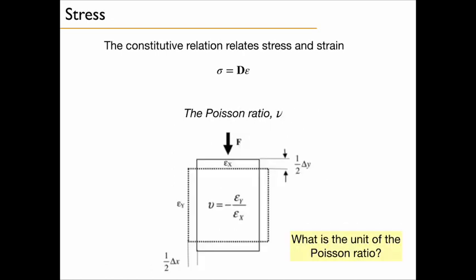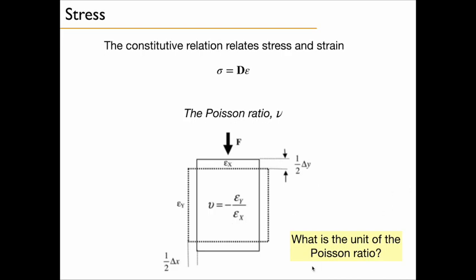The second coefficient of interest is the Poisson ratio. And the Poisson ratio is a ratio of actual strains. So you have to imagine if you compress this volume here and it deforms into this other volume, the dotted line, you will cause actual strains, and the ratio between epsilon x or epsilon xx and epsilon y is actually the Poisson ratio.